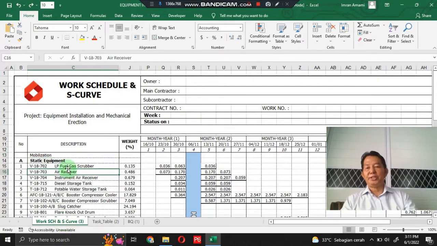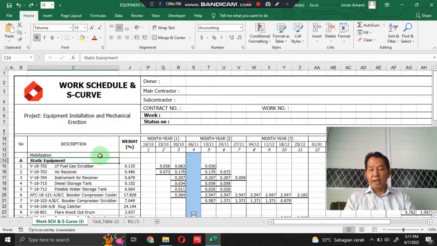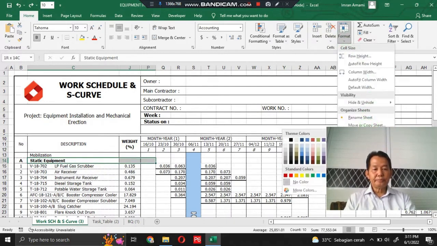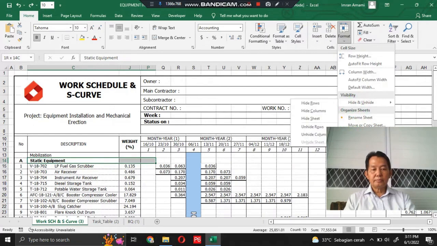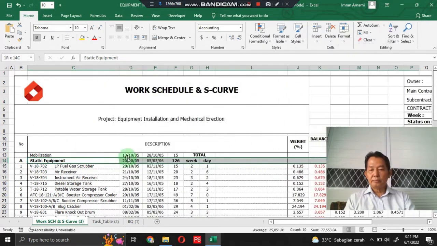Before we discuss it further, I would like to unhide the columns between C to G and G to P. Okay, let's unhide the columns first.